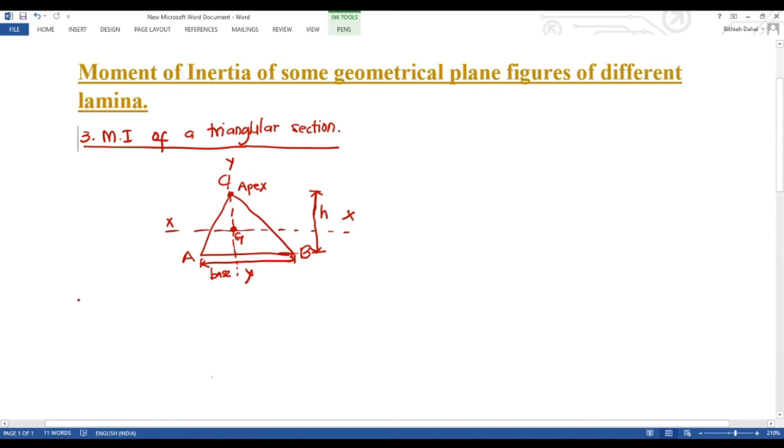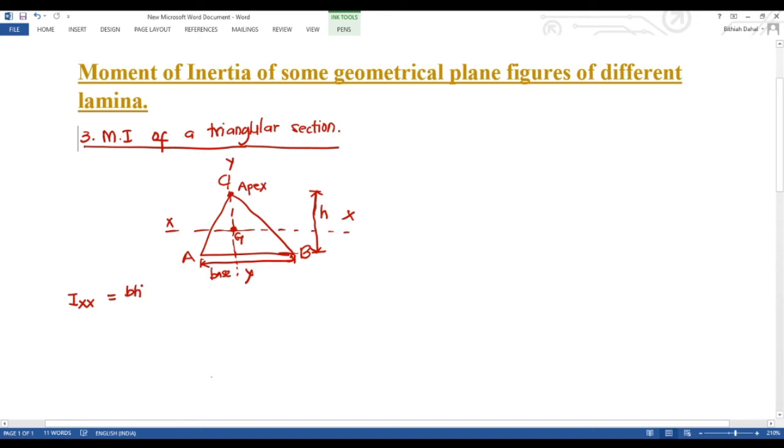Now if I find moment of inertia about the x axis for this triangular section, it will be equal to B h cube by 36, where B is the base of the triangle.